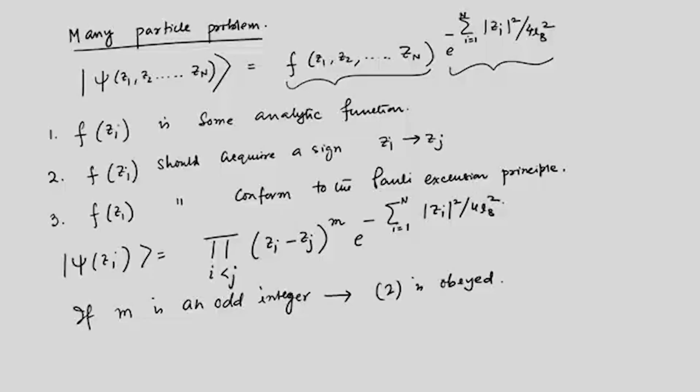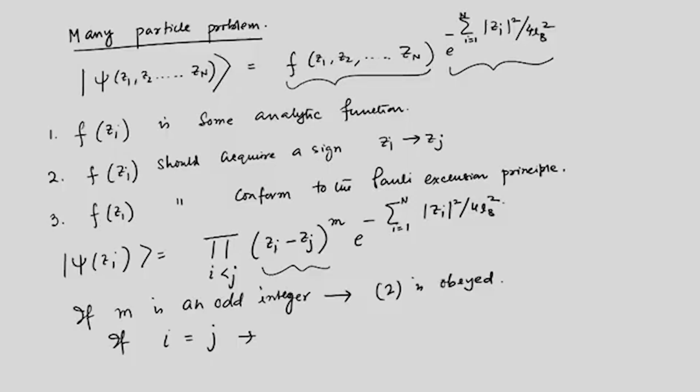Okay. And why is 3 obeyed? 3 is obeyed because if i is equal to j, then this quantity is actually 0, m times. Okay. So this really says that the exclusion principle is enforced m times, because it's not just a 0, but because of the product it's m orders of 0 that are there.